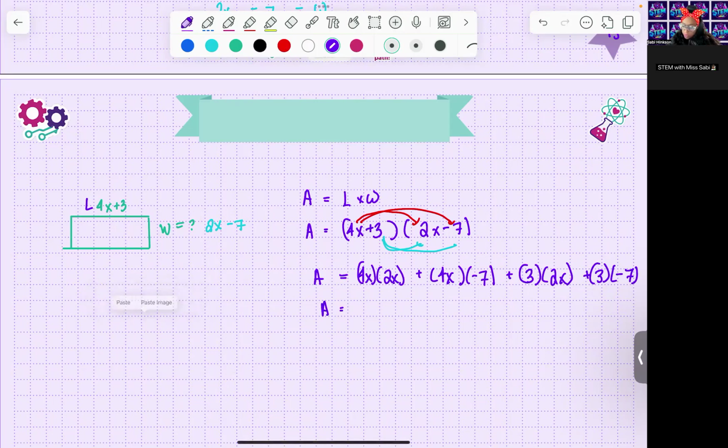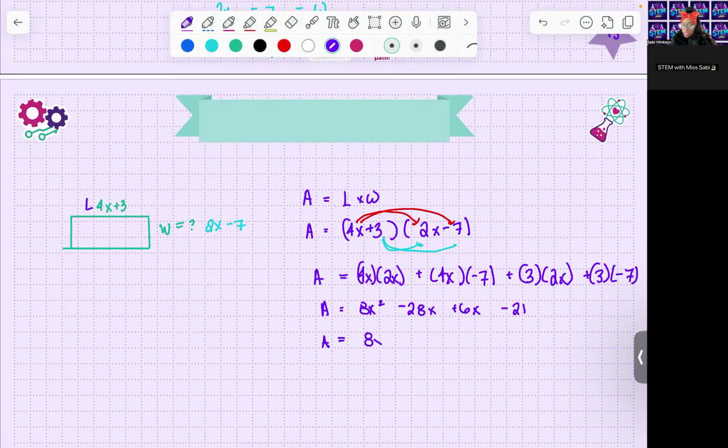4x times 2x is 8x squared. Don't forget your product law. Negative 7 times 4 is negative 28, so negative 28x. 3 times 2x is 6x. And 3 times negative 7 is negative 21.